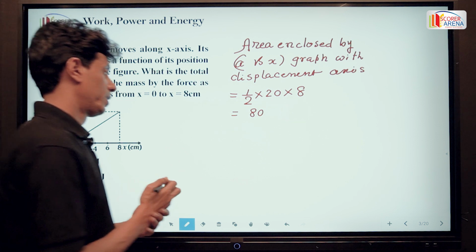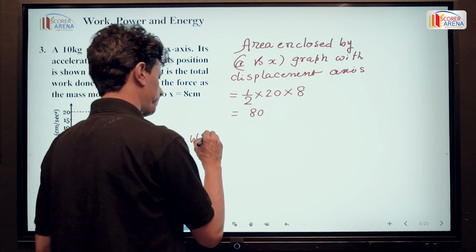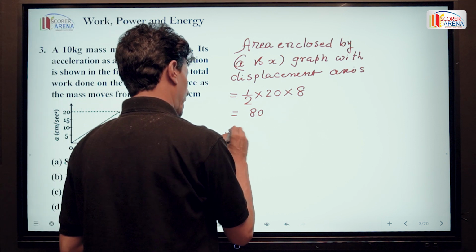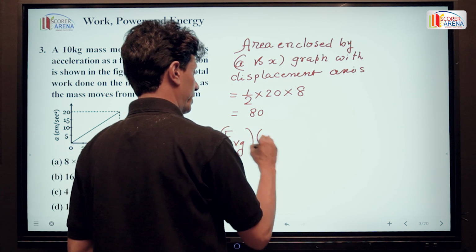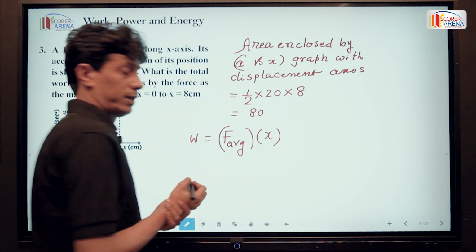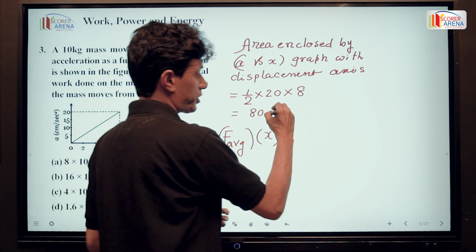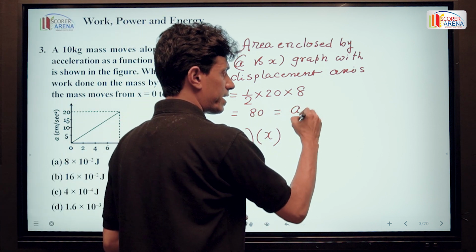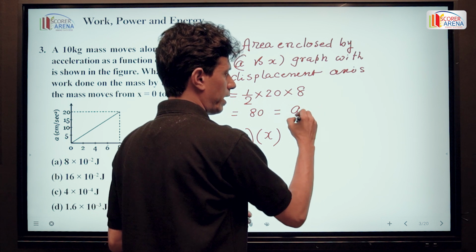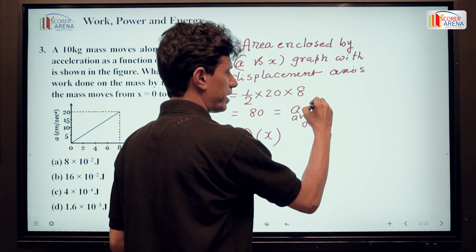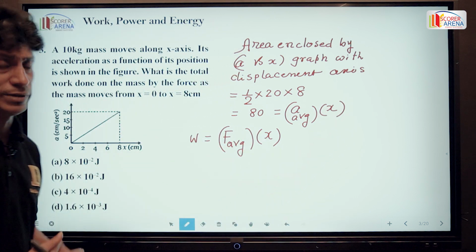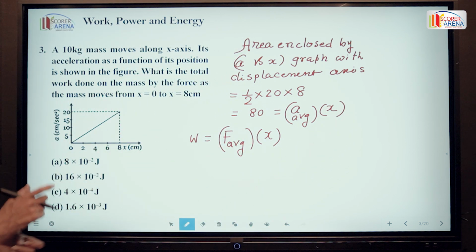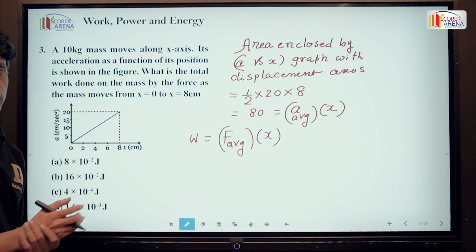We know work done is equal to average force into displacement. It is actually the multiplication of average acceleration into displacement, and that has been calculated from the area of the graph.